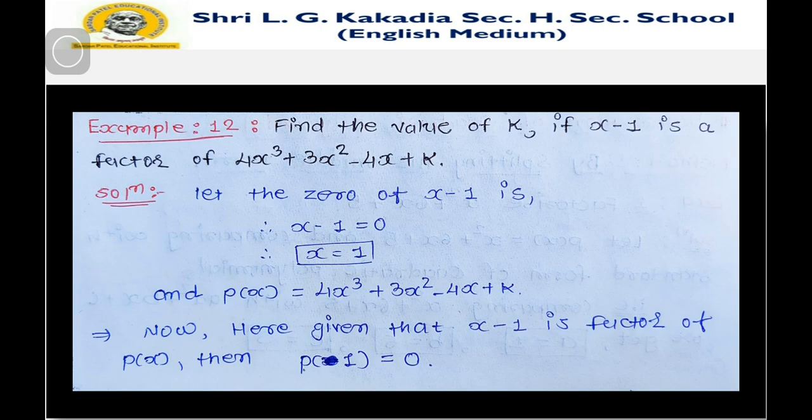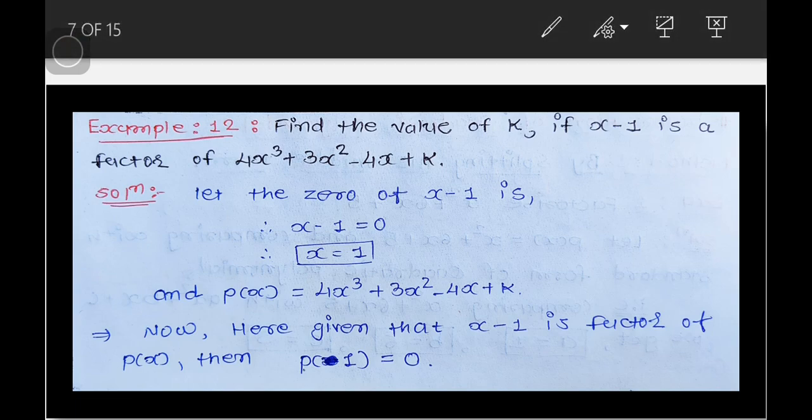Now second, we find some real values by using the remainder theorem or factor theorem. So example number 12: find the value of k if x - 1 is a factor of 4x³ + 3x² - 4x + k. Now we want to find the value of k.